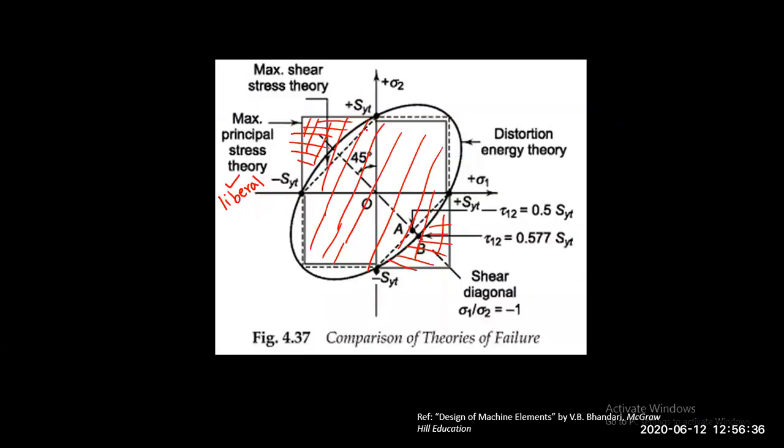See the other two theories of failure: the area falls inside this ellipse here, but only the maximum principal stress theory shows it is safe. So this region here is a bit dangerous. That's why we usually tend to avoid this while designing for ductile material.